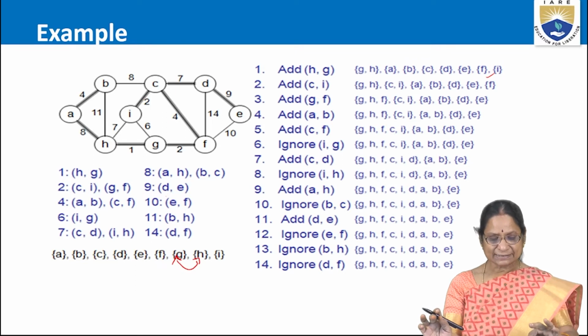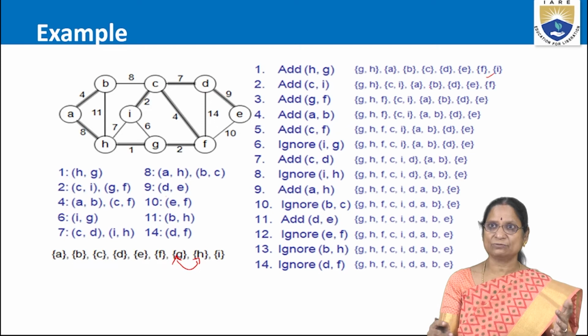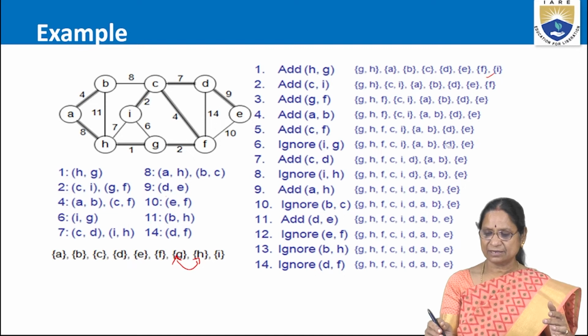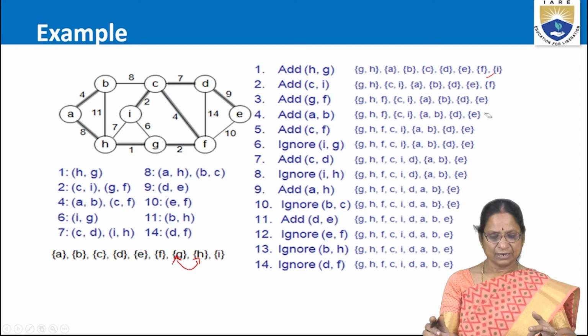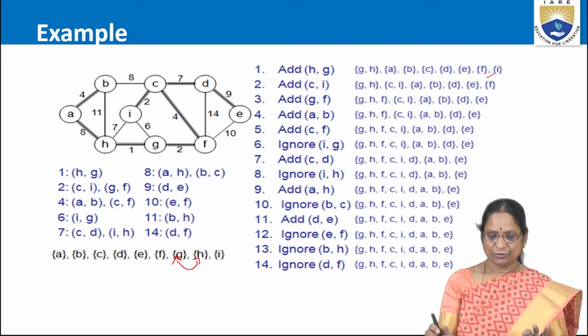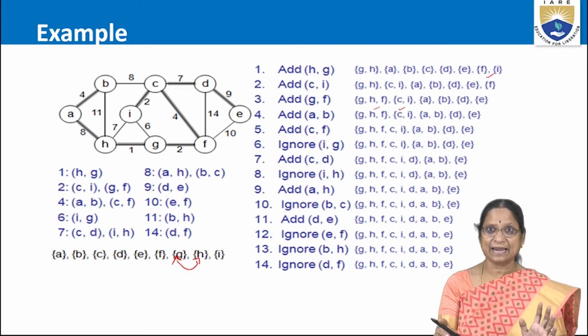Next, what is the next edge? AB. A belongs to the A set, B belongs to the B set. I can add. Then what happens? GHF, CI, and AB, and DE are there. Next one is CF. C belongs to this set, F belongs to this set. Both are different sets, so I can add.